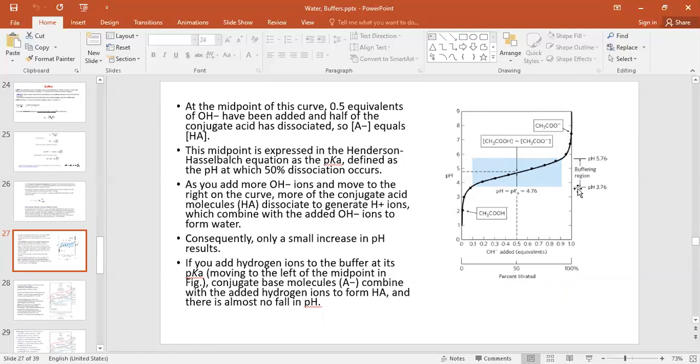Now I have a question. Can this solution act as a buffer in the cell? No, because the pH of the cell is near neutral, and at pH 7 it cannot act as a buffer. This is the buffering region for acetic acid, so this acid cannot act as a buffer in the cell.